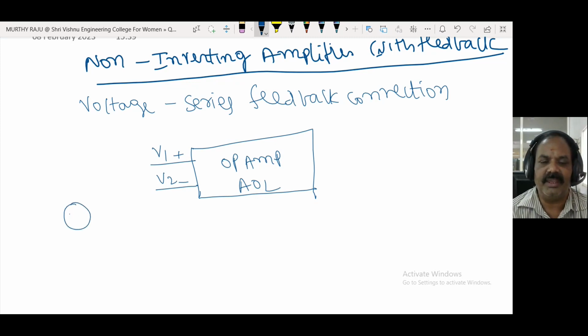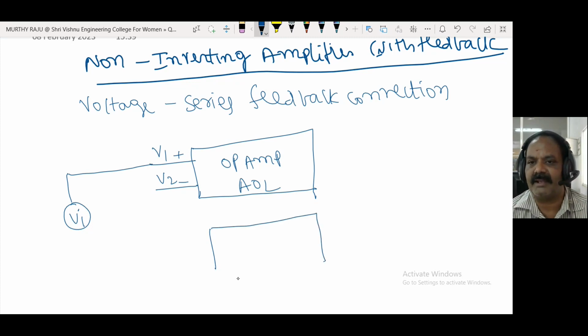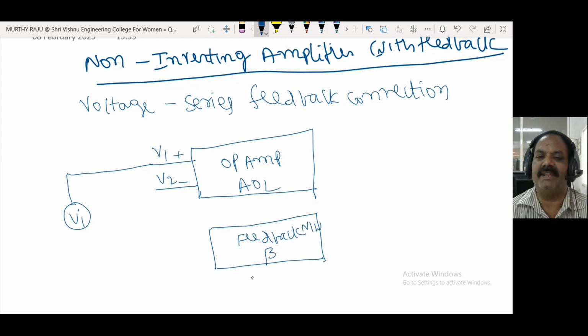Here the input voltage VA is applied to the non-inverting terminal of the op-amp. This one is the feedback network with gain equal to beta. Feedback factor is beta.